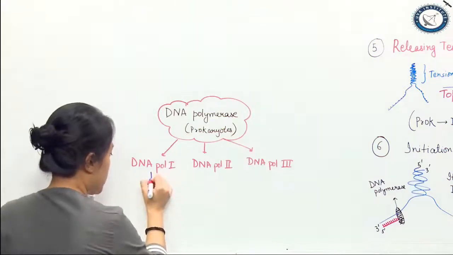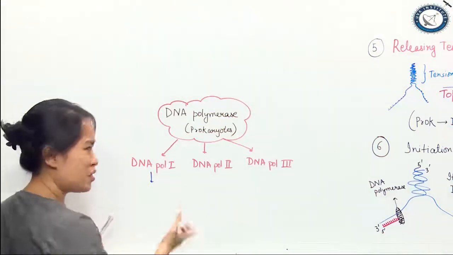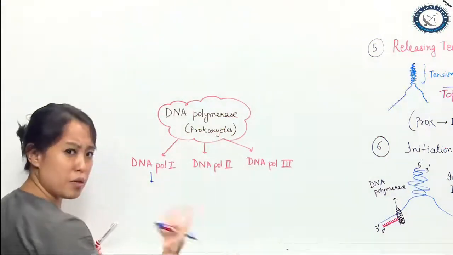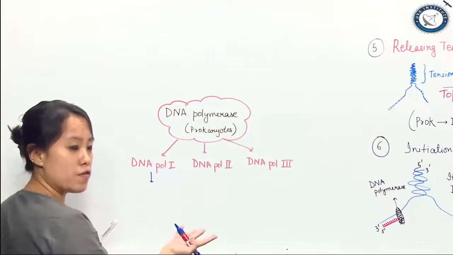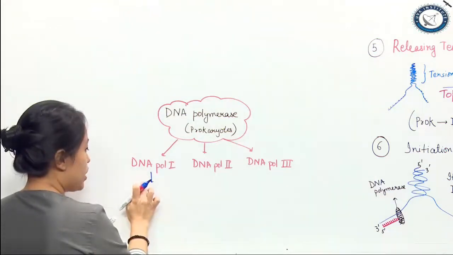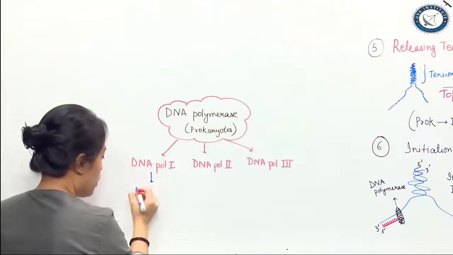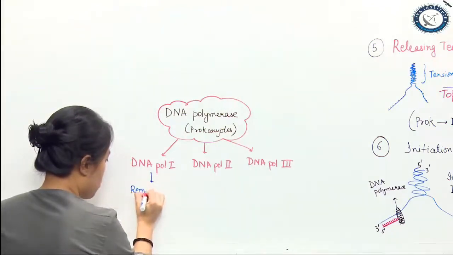DNA polymerase 1 also helps in the polymerization process, but it has some additional functions. DNA polymerase 1 is the one which will remove RNA primer.